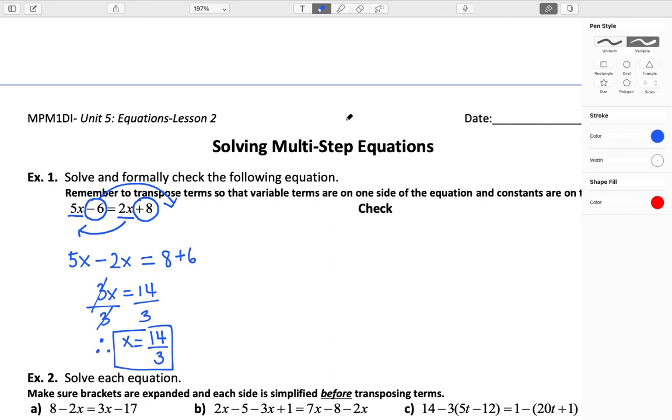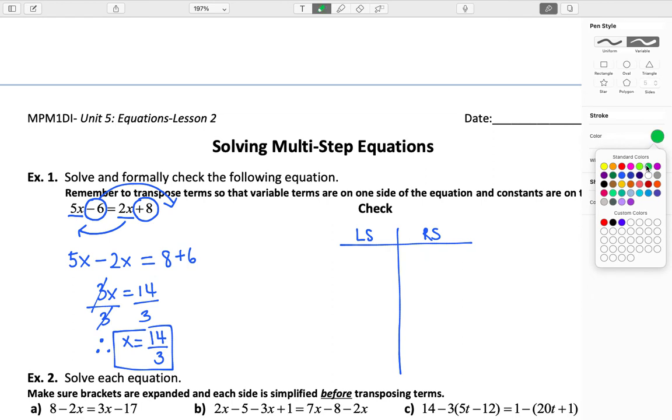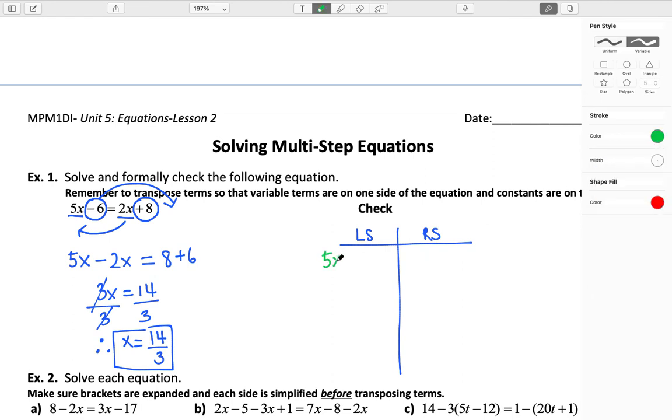In order to check, again, make a left side equals right side table. On the left side, I have 5x minus 6, and on the right side, I have 2x plus 8. Now I'm going to plug in a number, which in this case is x equals 14 over 3. On the left, 5 times 14 over 3 minus 6.